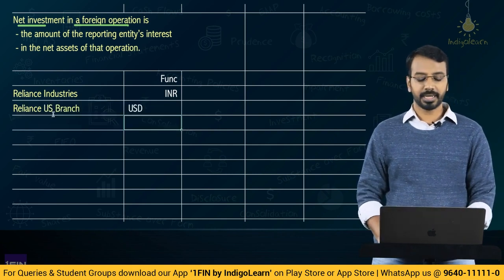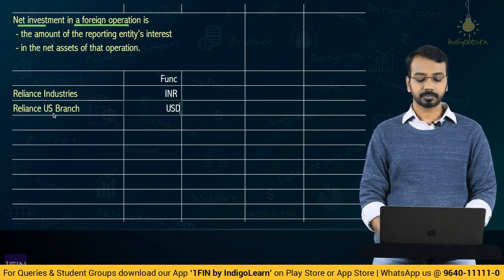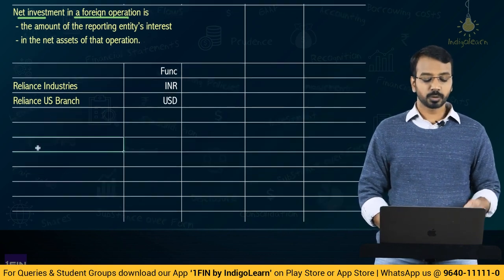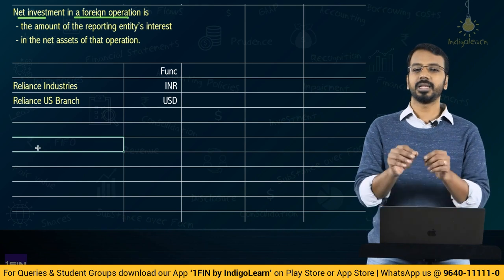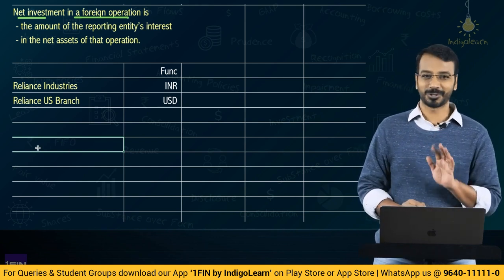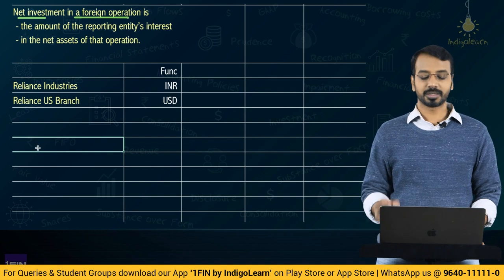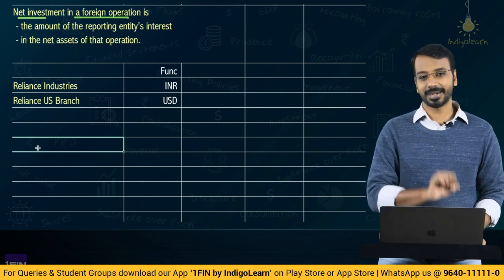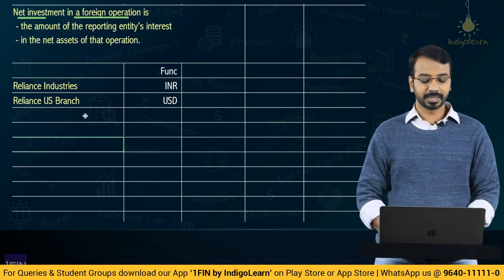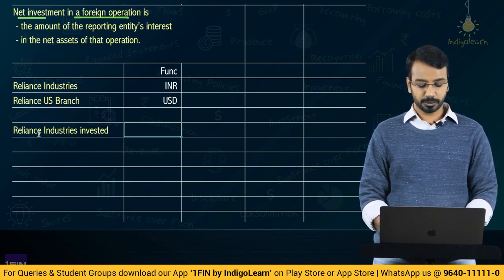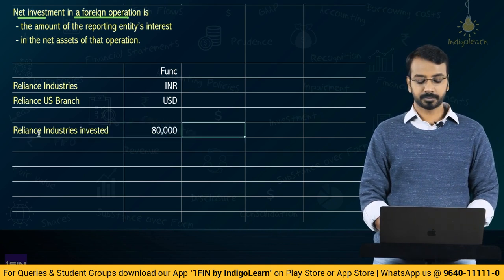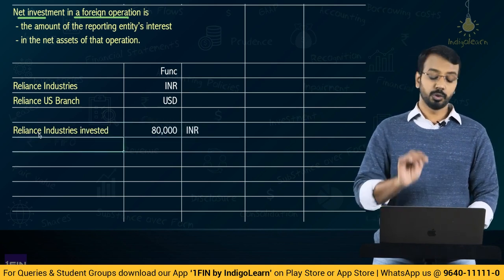So you have INR and you have USD, right? Now to start the branch, Reliance Industries invested, say for example, 80,000 rupees. I can add crores also, I am just using a simple example to make you understand the concept. So Reliance Industries invested 80,000 INR into the US company.